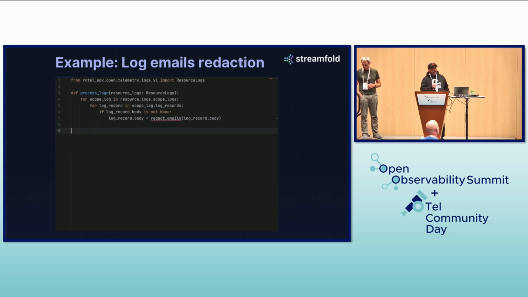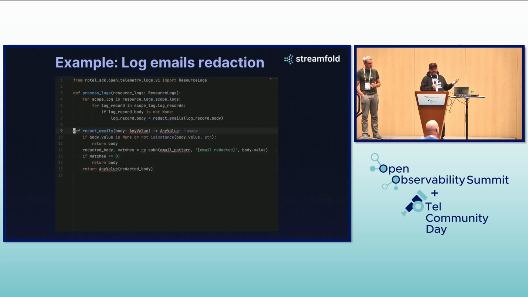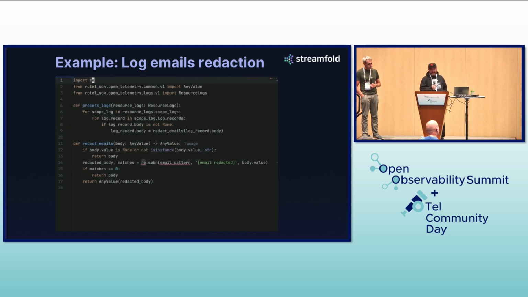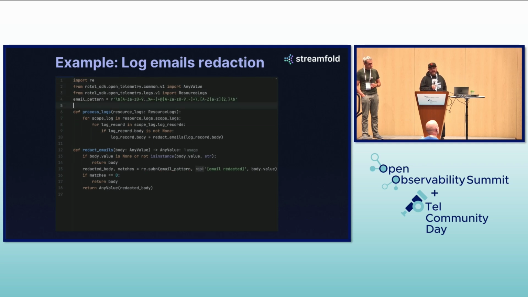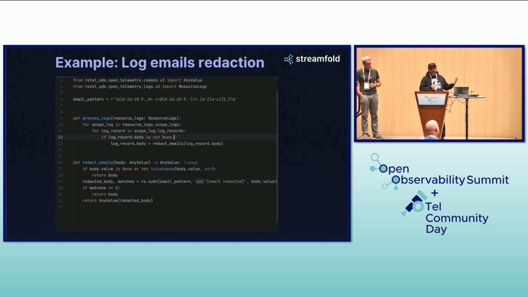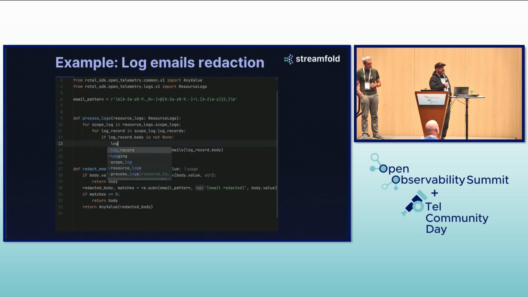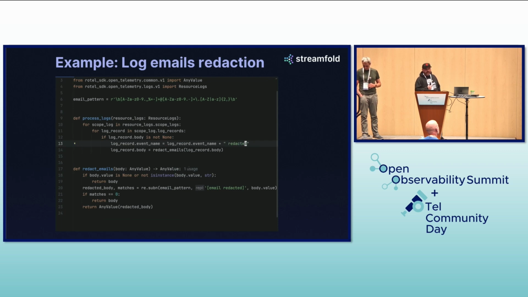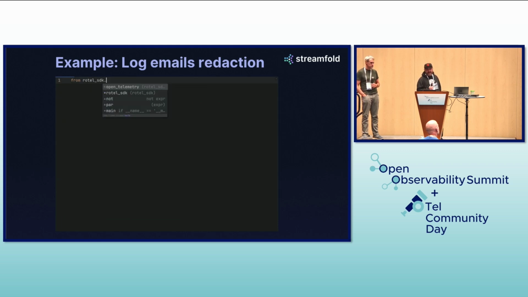I can see the structure of the data. Here I have resource logs, which contain scope logs, and I'm looking at the log body. We're writing a function to redact emails from the body, with auto importing of values, and it gives you the experience you would expect as a Python developer writing processors in an IDE. So this is pretty nice.